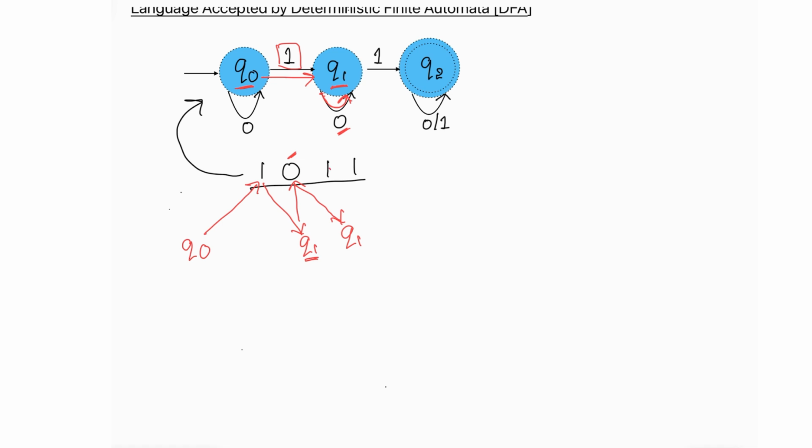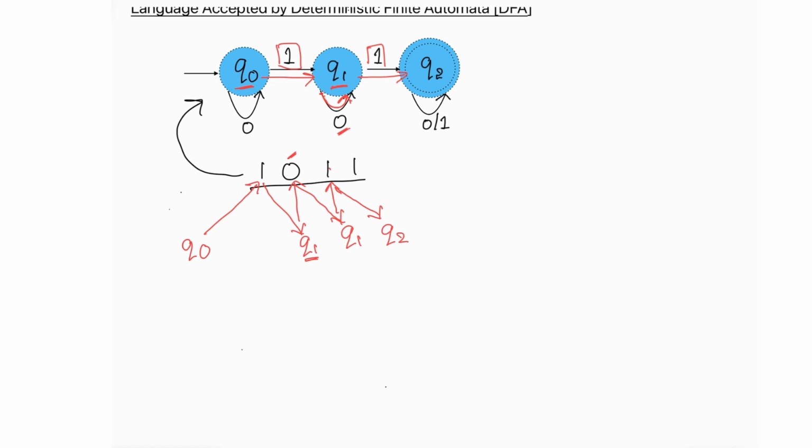From the Q1 state, after taking this 1 as the input symbol, the machine moves to the Q2 state.